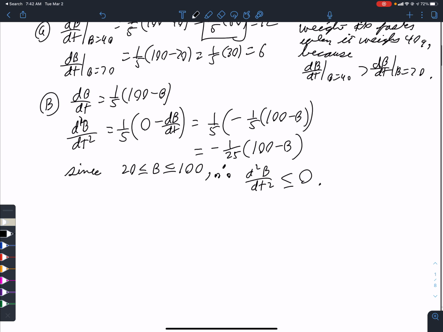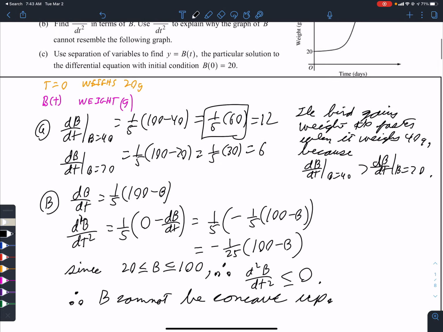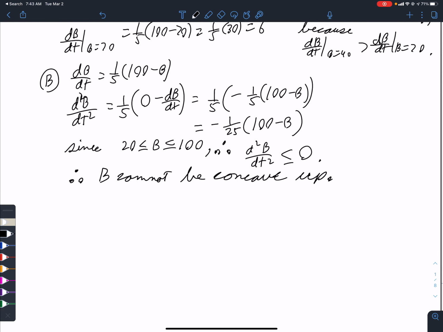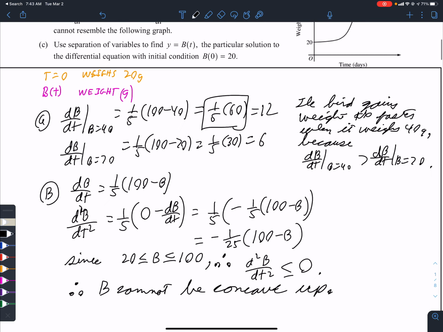So you should say, therefore, another therefore, because the second derivative is negative or 0, therefore, b cannot be concave up. That's your statement. But look at your graph. The graph has a concave up section, right?